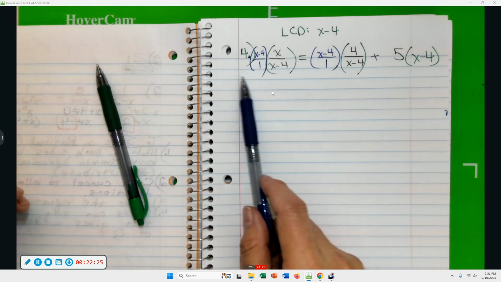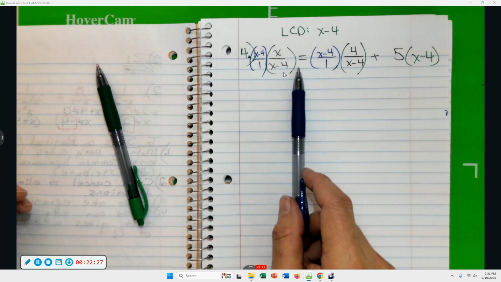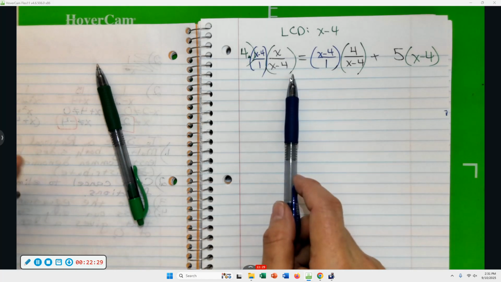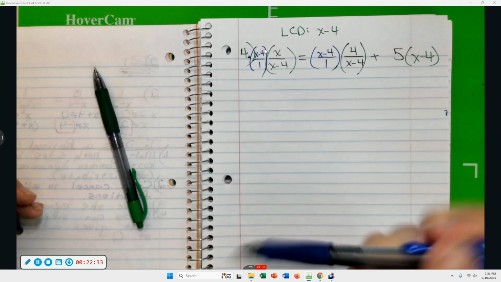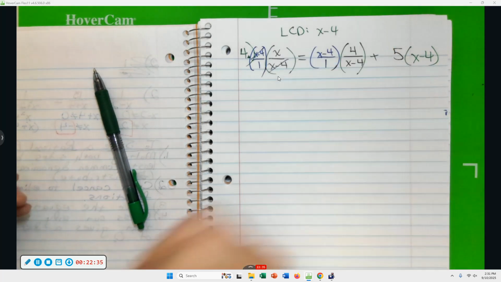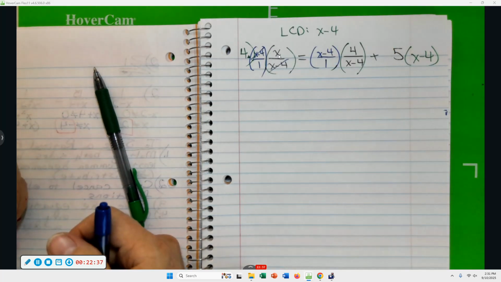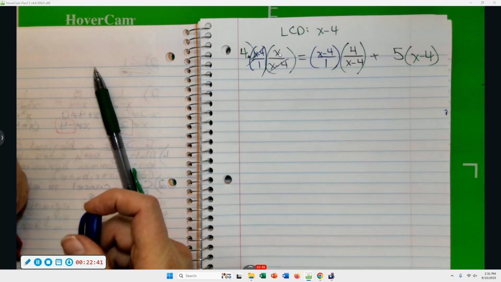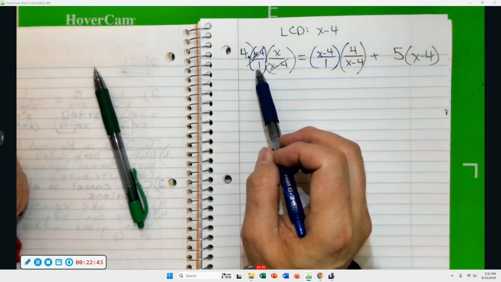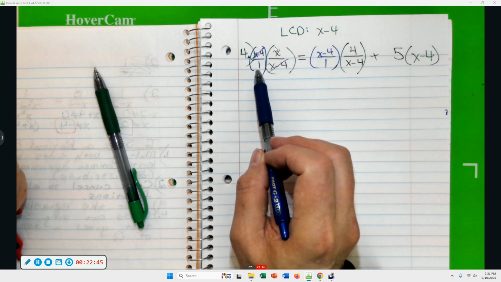Looking at the first product, what's about to cancel out? The x minus 4s. So what are we going to have left? We have a 1 in the bottom, but we have something else still up on top.